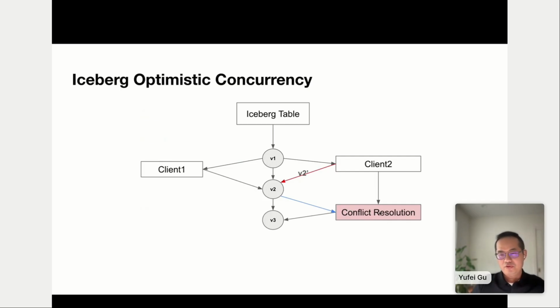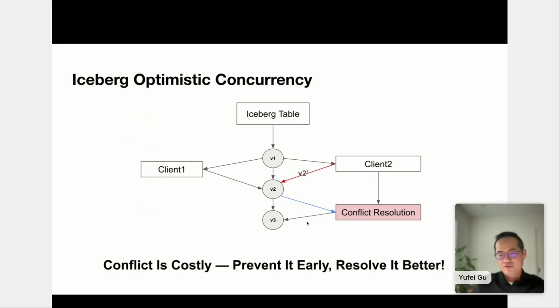Then client 2 has to do the conflict resolution. Sometimes it's quite easy, just rebase. Sometimes you have to redo the whole job. Then you can commit as V3. So as you can see, the conflict is costly, because sometimes the conflict resolution involves recomputation of all this data, removing all the existing files, starting completely from scratch, which may take like 2 hours.